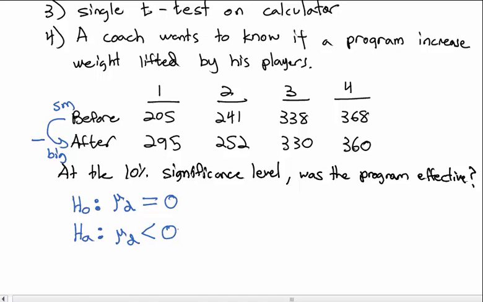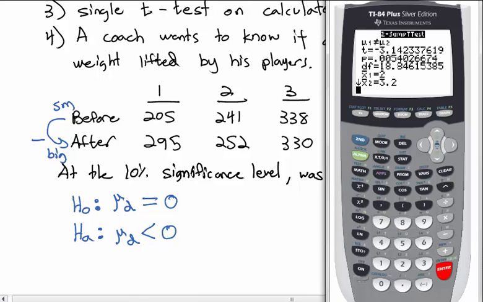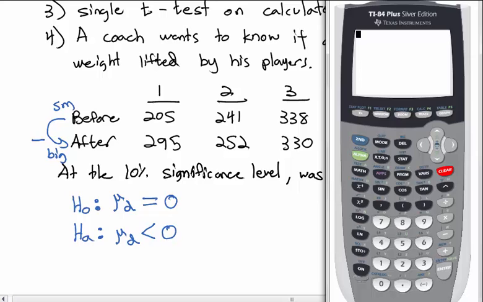Let's take a look at how we can do this on our calculator. First, I'm going to enter our data onto the calculator. So I will hit Stat, Edit. We're going to clear out List 1, Enter.